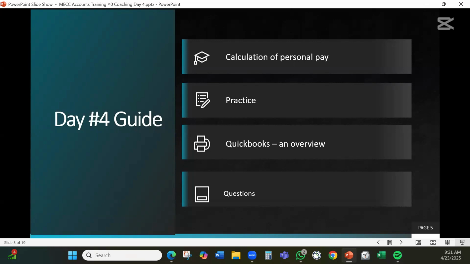We're going to do some practice exercises, and then we're going to take the rest of the time to go through QuickBooks, which is an online software, highly recommended, highly used, very user-friendly. So for those who don't know QuickBooks, we can look at that. For those who already know QuickBooks, then you can assist with the teaching. All right? So that's what we're going to do today.